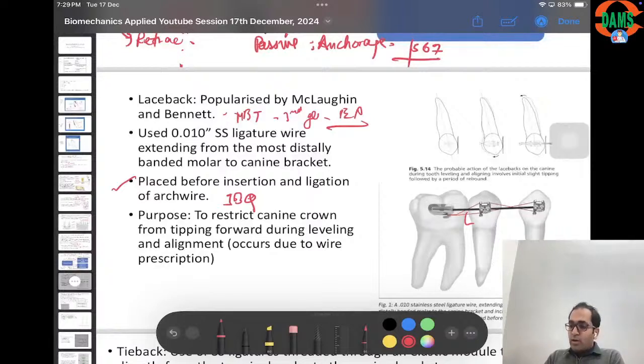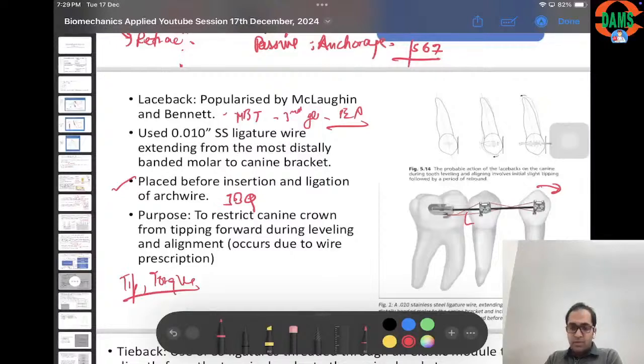If you remember from Andrews' six keys and how the evolution of the pre-adjusted edgewise appliance occurred, there is an inbuilt tip and torque inside the bracket. So when we place a round wire, what will happen? Due to the inbuilt tip, the canine will tip mesially forward.